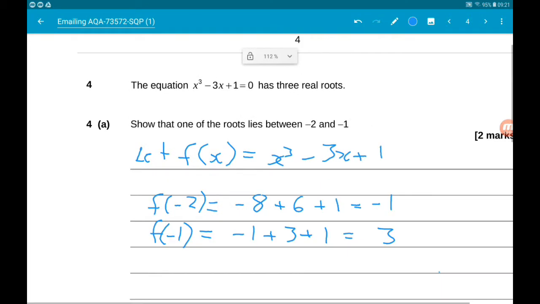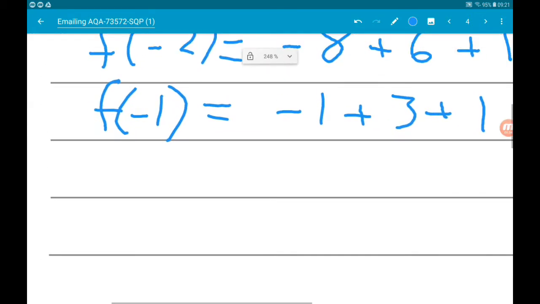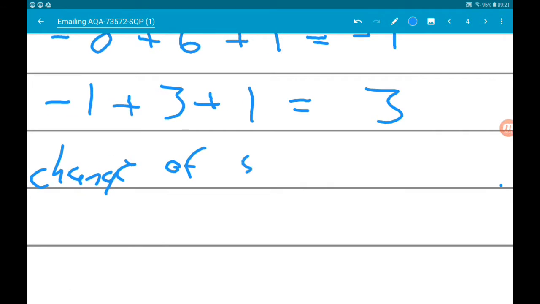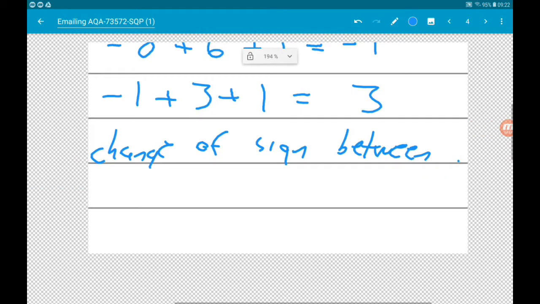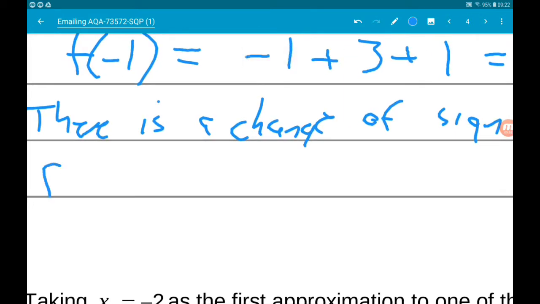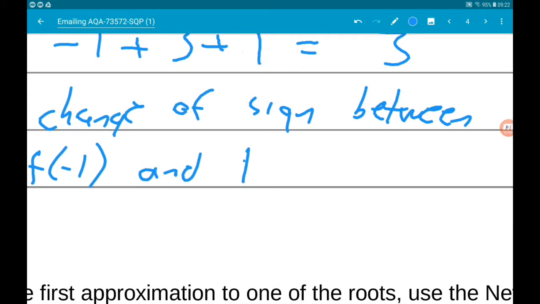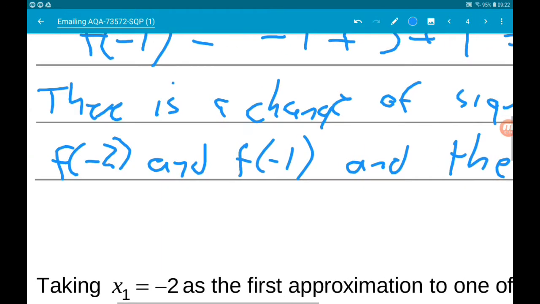So we can say that there is a change of sign between f of minus 2 and f of minus 1 and the curve is continuous.